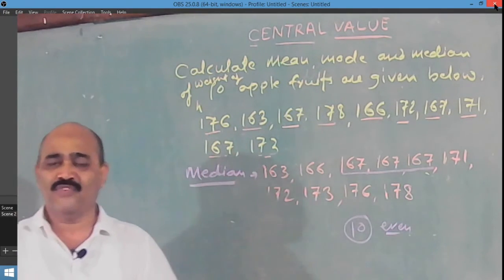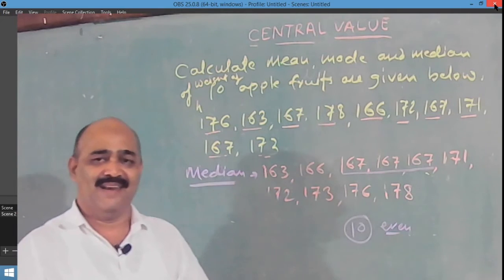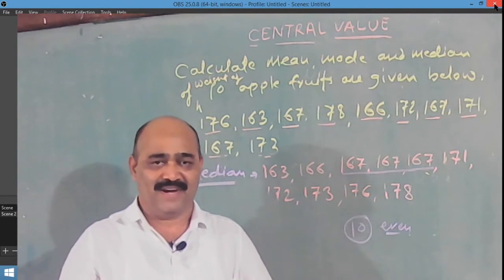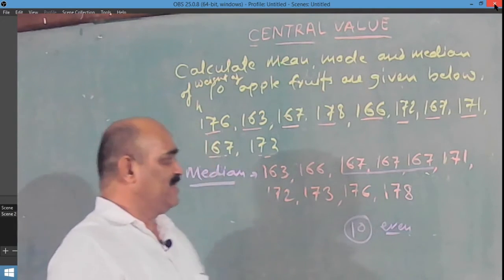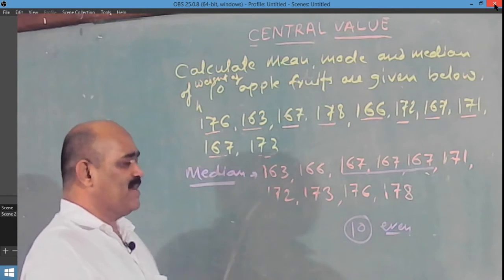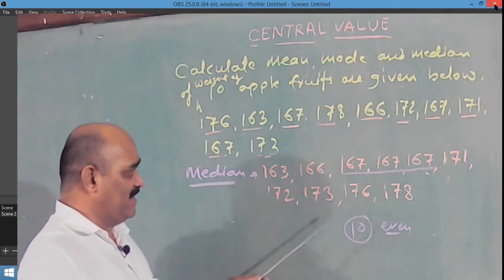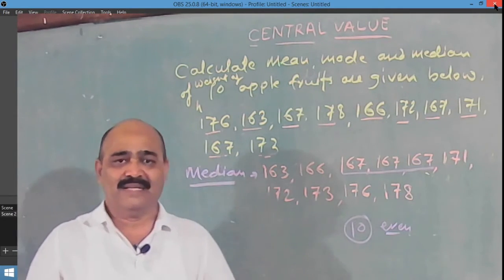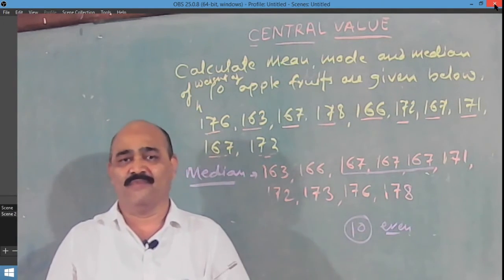If the observations are odd in number, then it is very easy to calculate the median of our data. But the observations are in even number. It is difficult to calculate, and for that we need to take the two middle observations of our data.